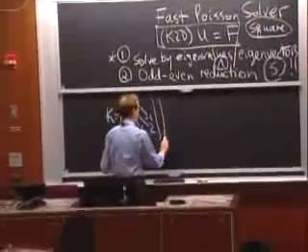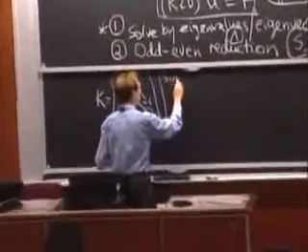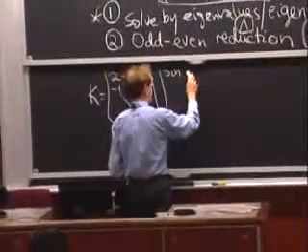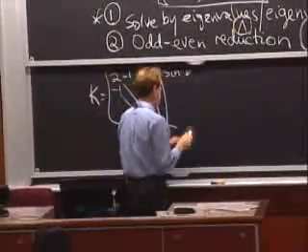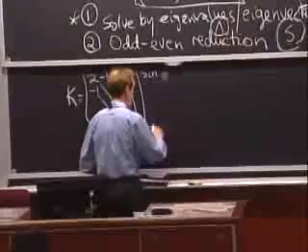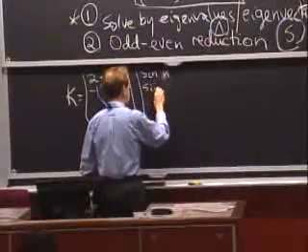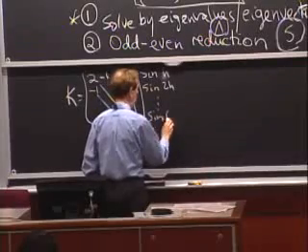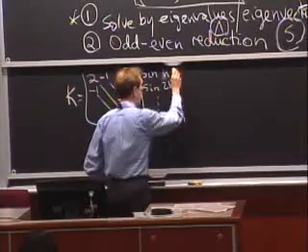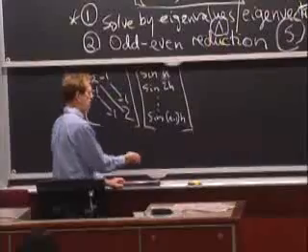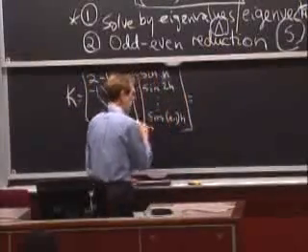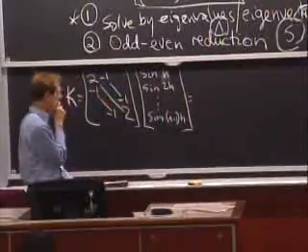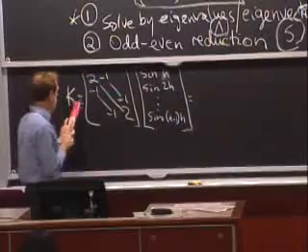If I multiply K by sine H, sine 2H, up to sine n minus 1 H, that will turn out to be an eigenvector. So this is Ky now.